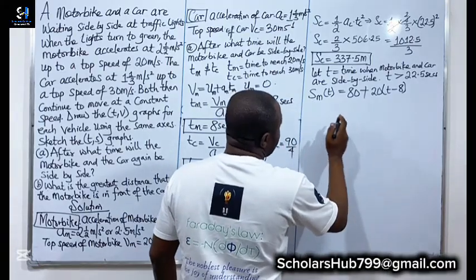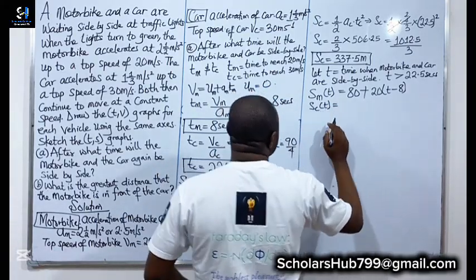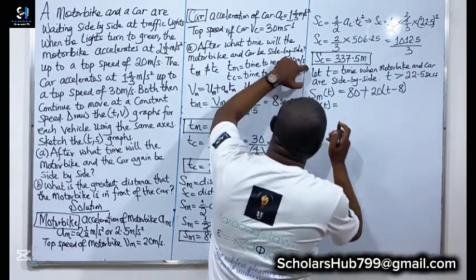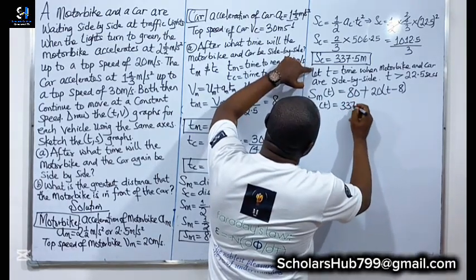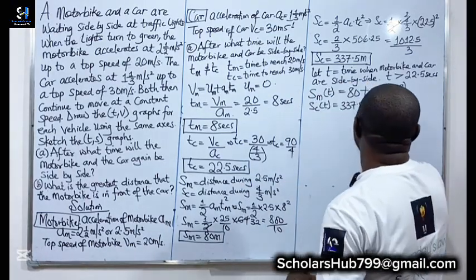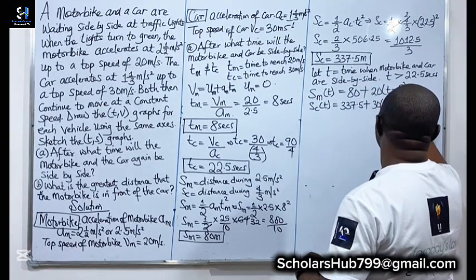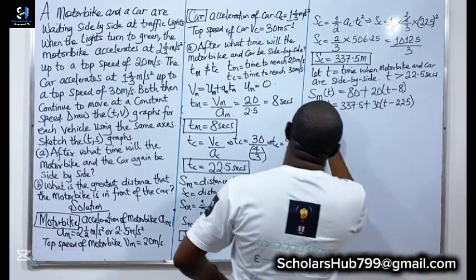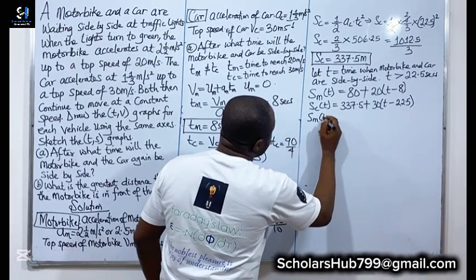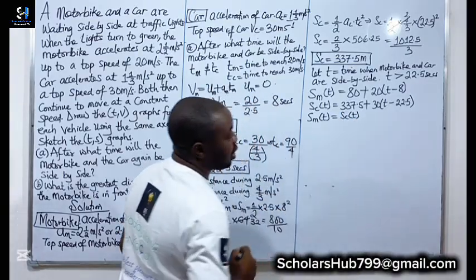So that means SC will now be 337.5 plus its velocity, which is 30, times T minus 2.5. So when this is equal to this, then we should be able to calculate T.